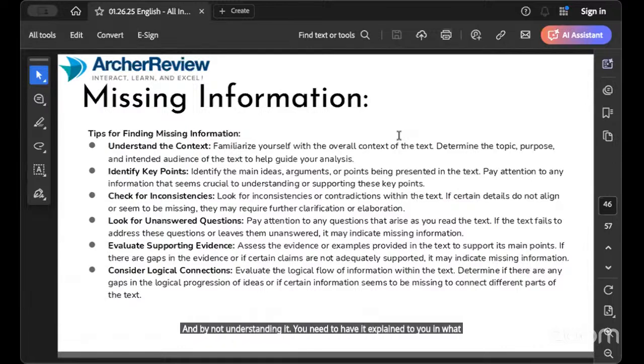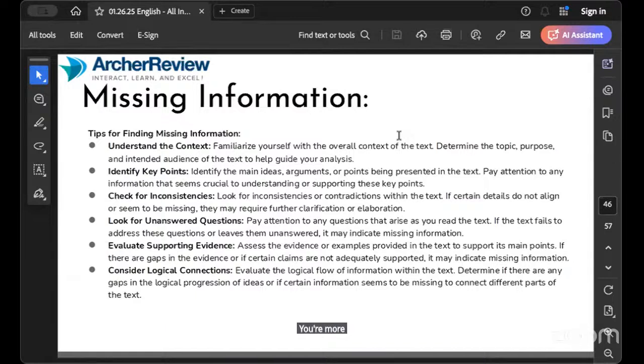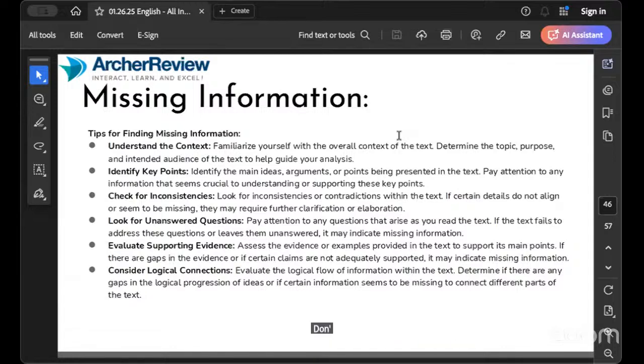In great detail. So when those details and explanations are missing, you're more likely to pick up on that and identify any unanswered questions or the missing information. So again, don't let your anxiety get the best of you here. Not being a topic expert can actually work in your favor.